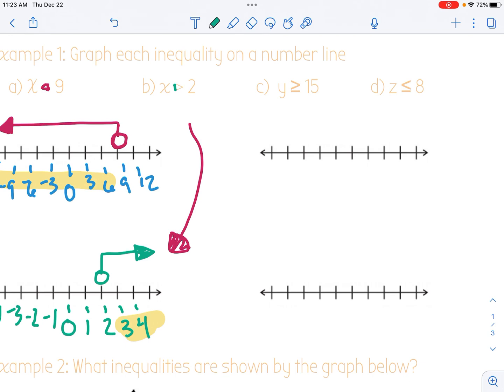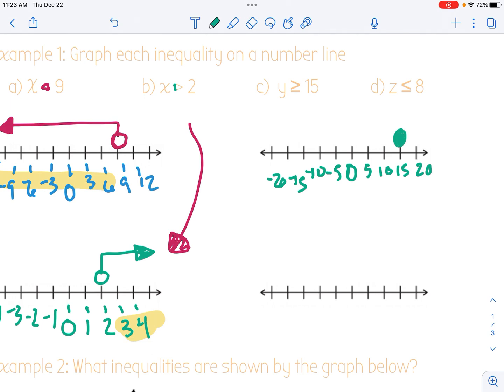C, y is greater than or equal to 15. I'm going to put 0 here, and I'm going to count up by 5s this time: 5, 10, 15, 20, -5, -10, -15, running out of room here, -20. A little messy. Okay, I am going to go to 15.